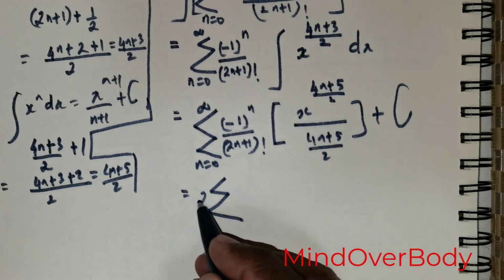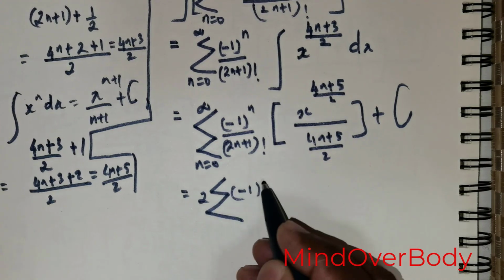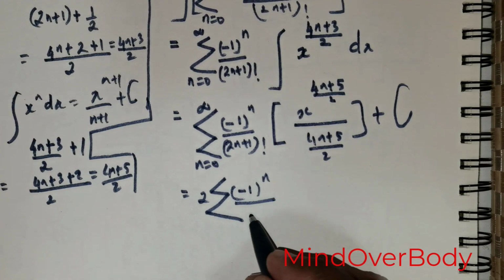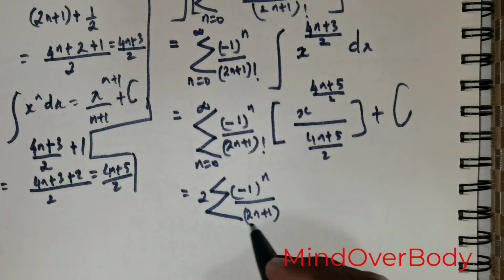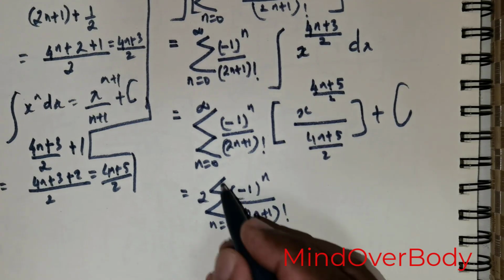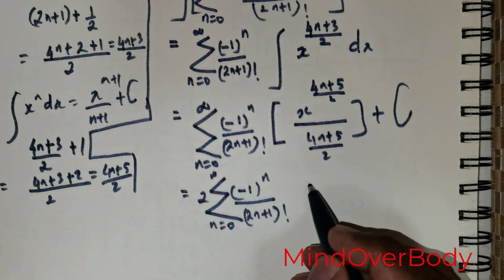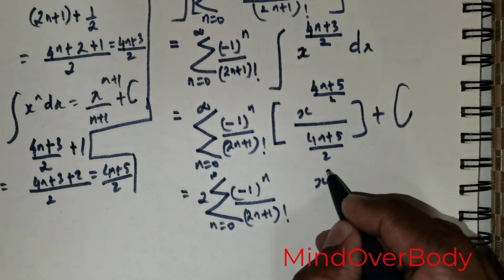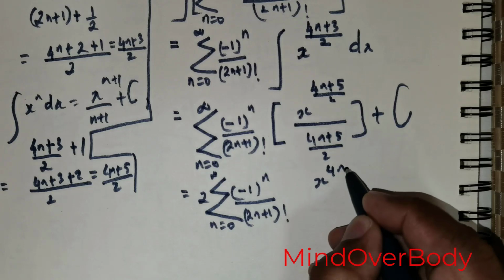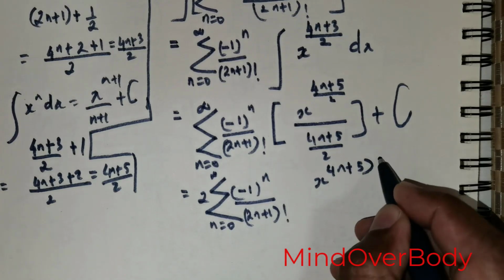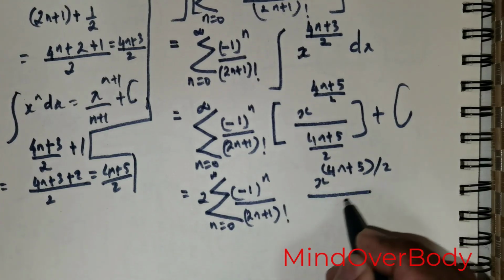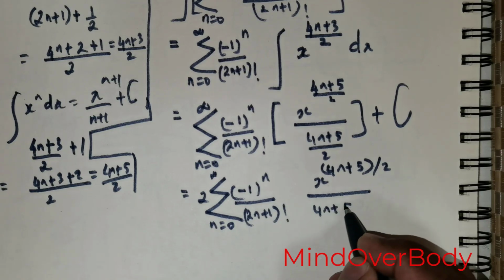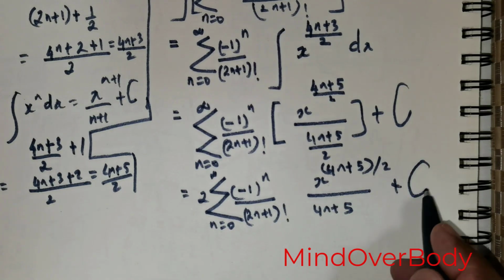So I'm going to place the 2 here and write this as negative 1 raised to the power n divided by 2n positive 1 factorial. N stretches from 0 to infinity, and this is x raised to the power of 4n positive 5 divided by 2 over 4n positive 5, positive arbitrary constant c.